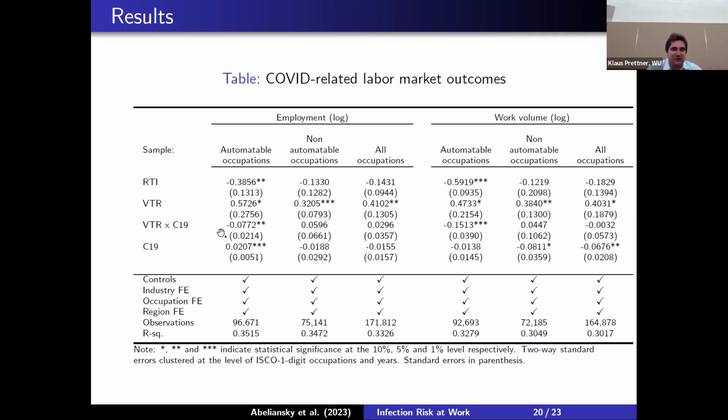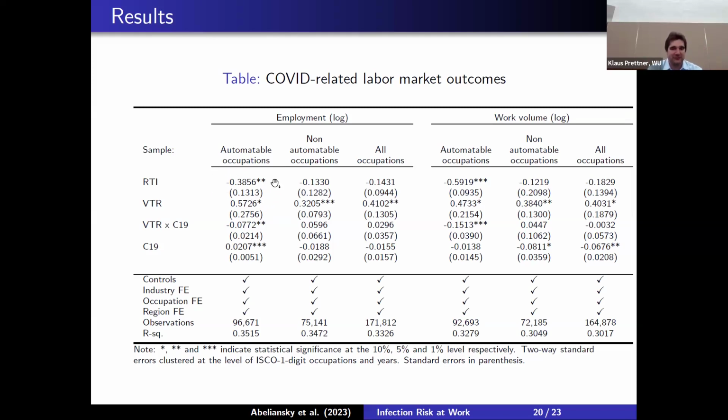And the interaction term between the viral transmission risk and COVID-19 would also be negative. That's also what we see here. And the third hypothesis says, okay, it's only negative for the automatable occupations. For the non-automatable occupations, it's indistinguishable from 0. That's hypothesis 3, and this is exactly what we see in these results, right?